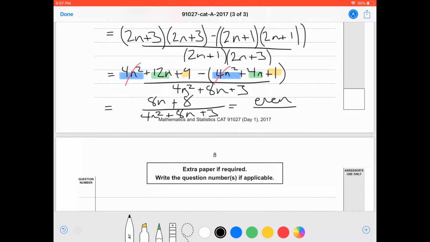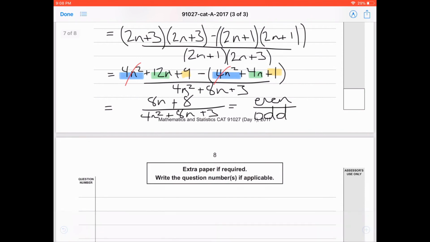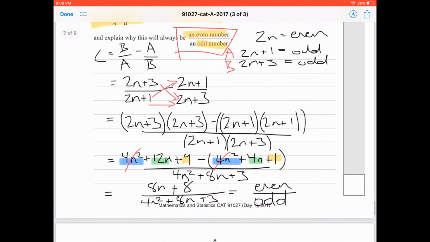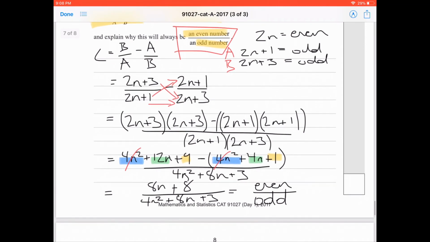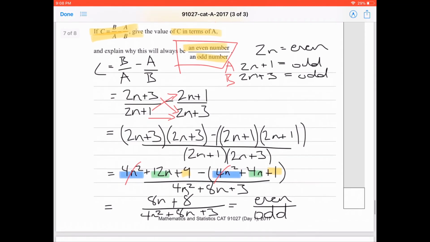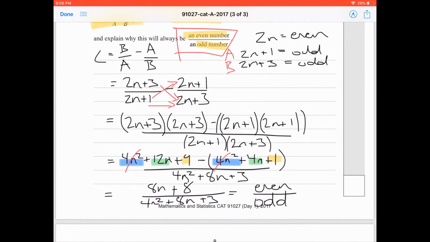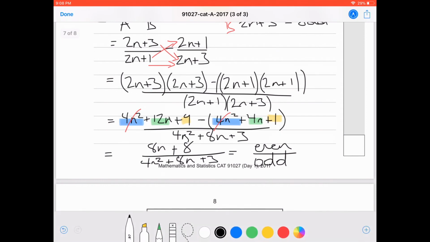Well, the 4n squared is even, 8n is even. You've got an even number so far, but then if you plus 3, that will give you an odd number. Okay. Again, you could test it, and if you had a bit of spare time at the end of this test, you probably should test it. But yes, this is correct, and this gets you the excellence here.